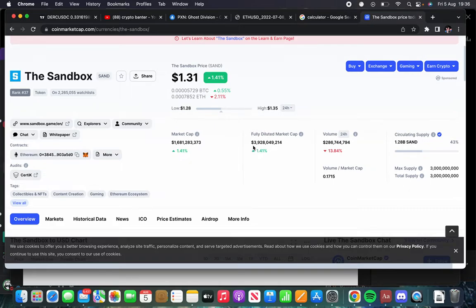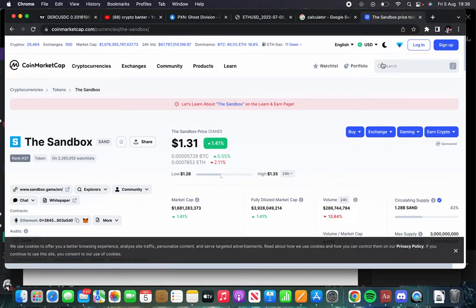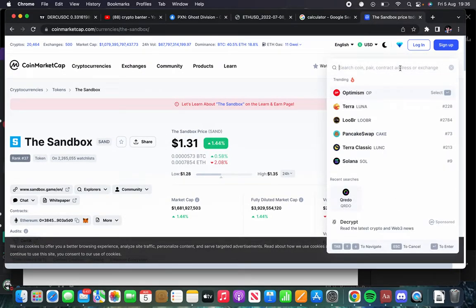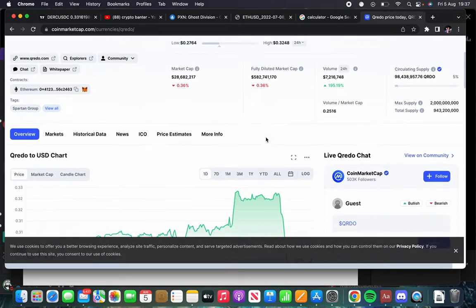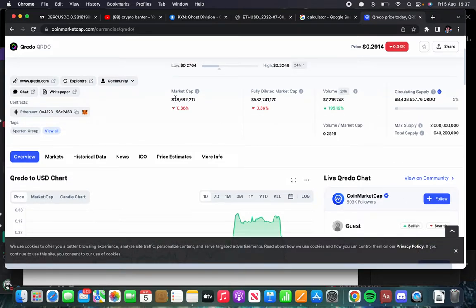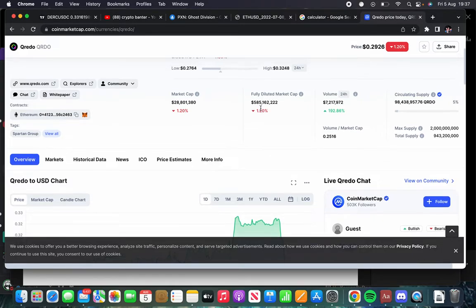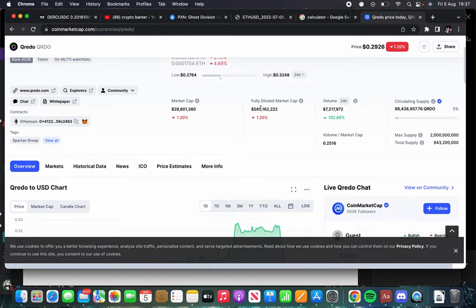You really have to be careful with the fully diluted market cap when you're investing in coins. A good example of this is a coin called Credo. The market cap is 28 million, but the fully diluted is 585. For those of you that don't know, the fully diluted is what the market cap would look like if all of the tokens that have initially been made were released into circulating supply.